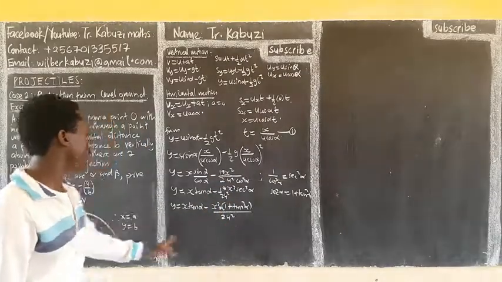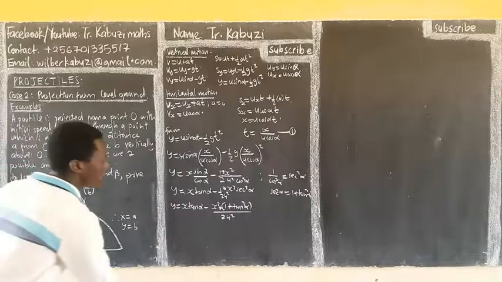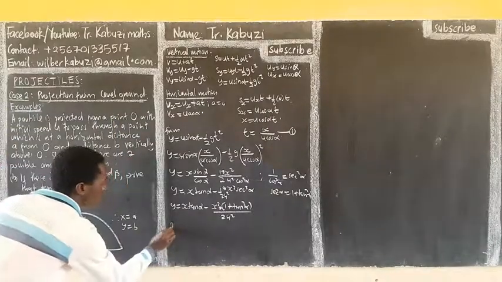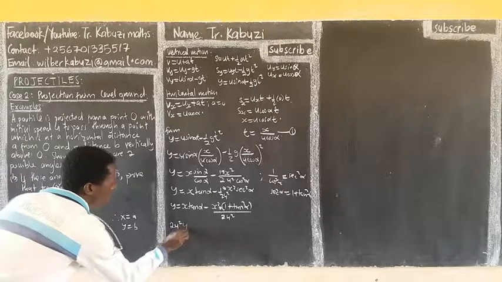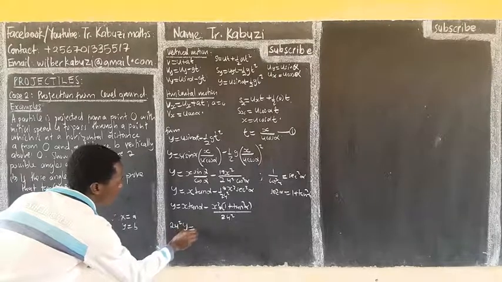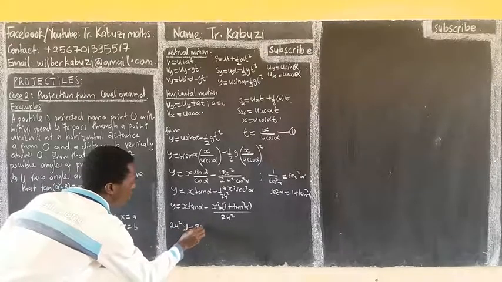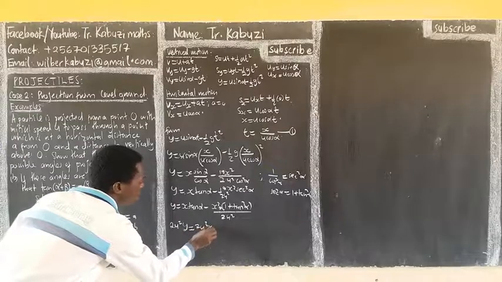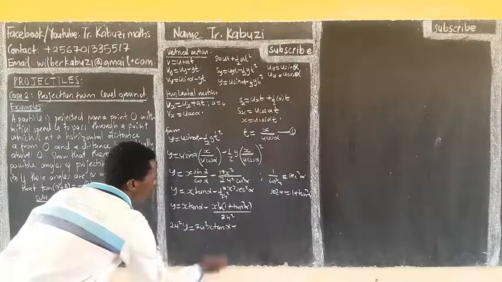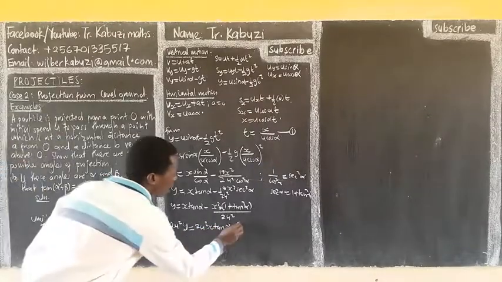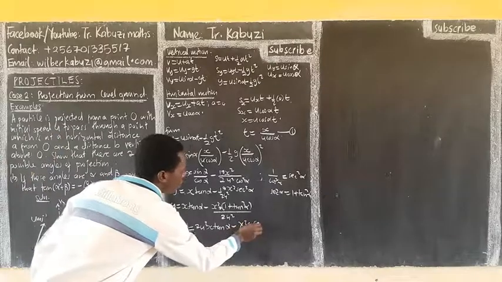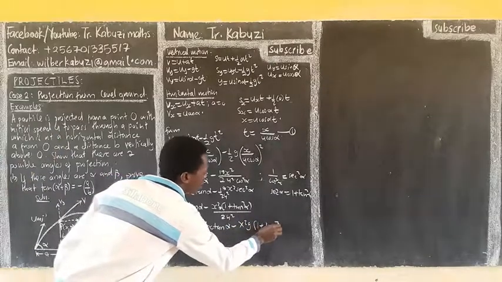So if I multiply through by 2u squared, so 2u y equals 2u squared x tan alpha, then that will be x squared b into 1 plus tan squared alpha.